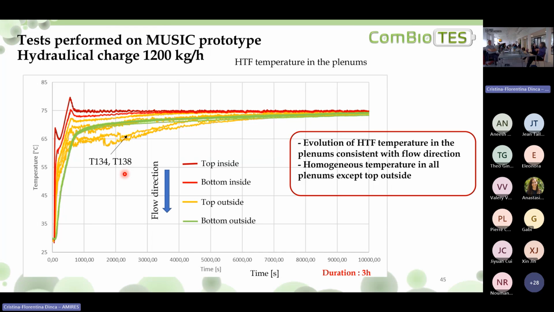So it means that there is no real mixing in the plenum. This curve was obtained with a high flow rate, and if we decrease the flow rate, it's more homogeneous, but I don't show it here.